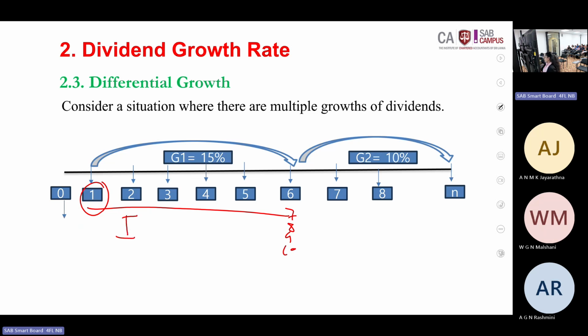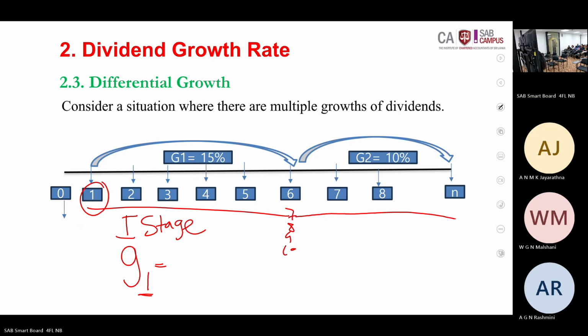In stage number 1, we name the growth rate as growth rate 1. Then in the second stage, we consider the dividend will be constant.